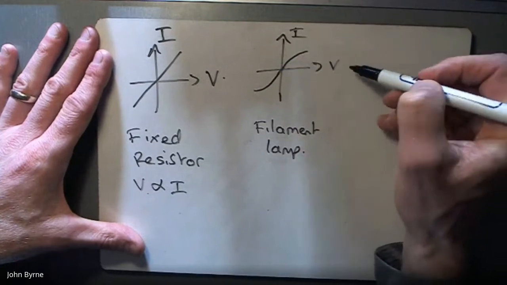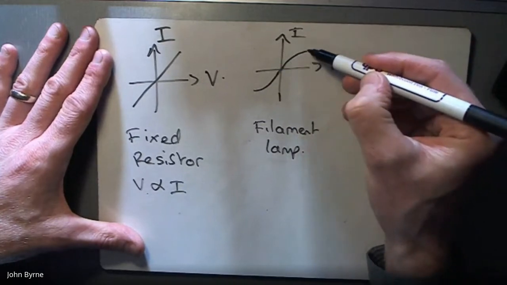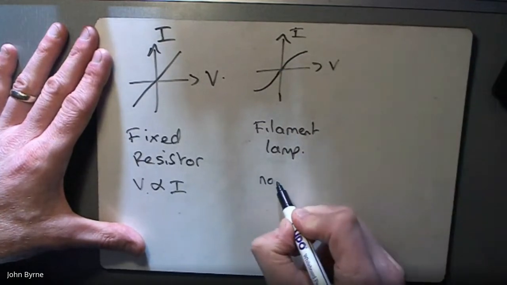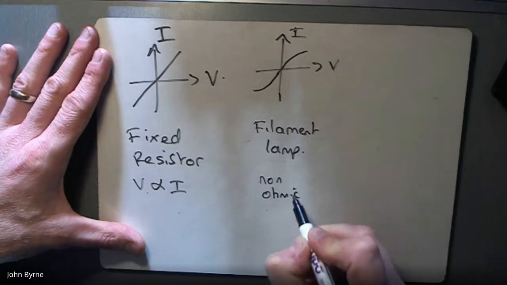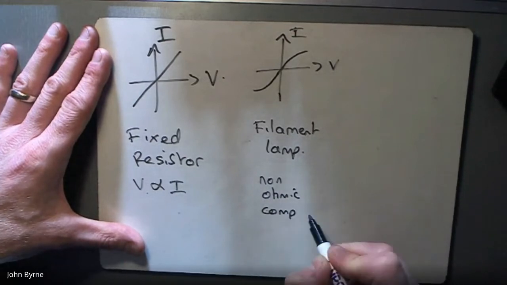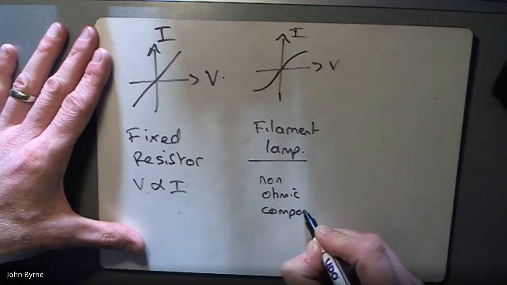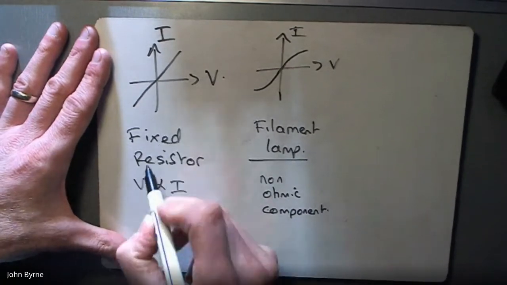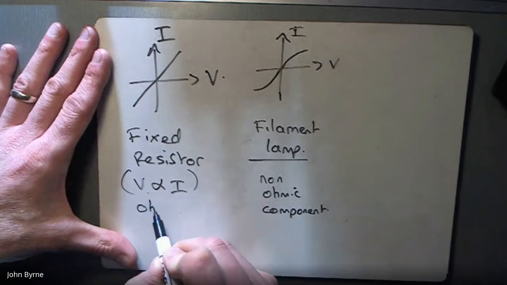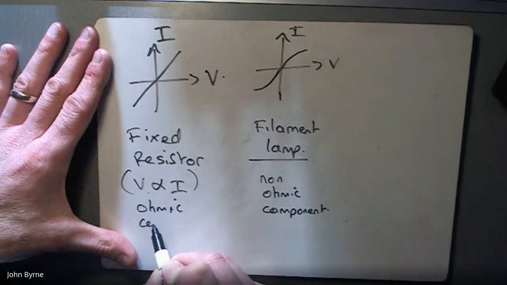So as the voltage increases, the current doesn't increase by quite so much. This is a non-ohmic component. It does not obey Ohm's law, a filament lamp component. Whereas a fixed resistor we call an ohmic component.